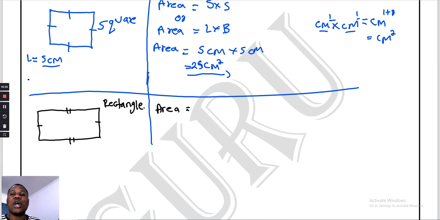So you must know your boundaries. Every time you deal with a rectangle, your formula to calculate the area is length times breadth, so that you can calculate the enclosed surface.